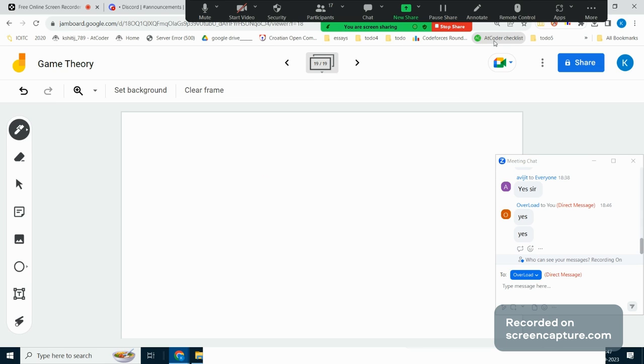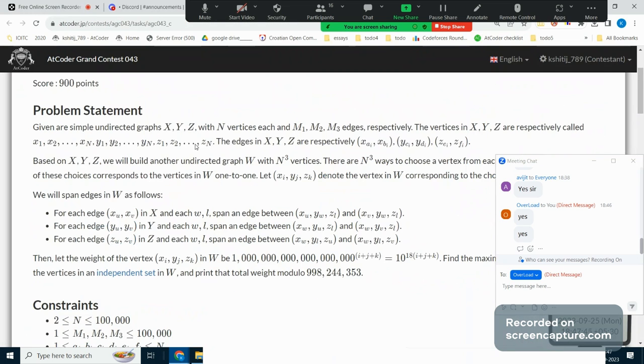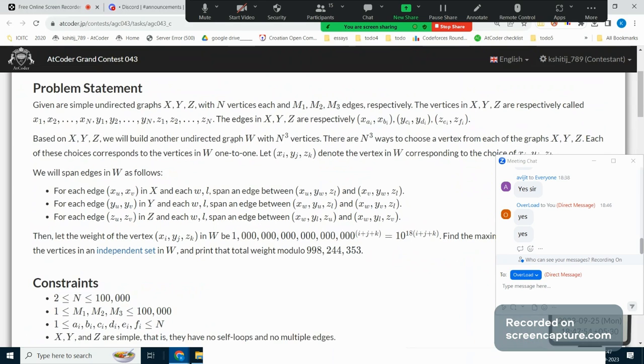So I can do one more problem. Now you are given three undirected graphs with some edges, like three different graphs, and you will build a graph with n cube vertices such that in each n cube way, you take one vertex from each. So i, j, k triples represent vertices xi, yj, and zk.